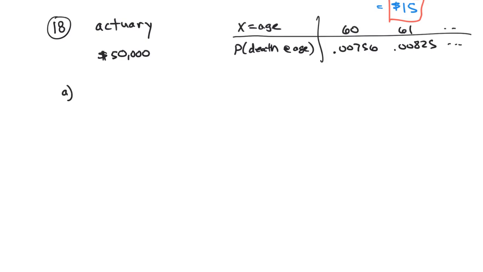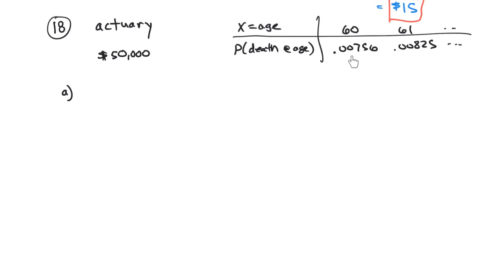So part A says, what is the probability that Sarah will die in her 60th year? And that's right here. This right here is the probability that she'll die in her 60th year. So 0.00756, which means it's not likely, right? It says she's in reasonably good health, so low probability that she'll die this year, but there is a chance, right? 0.00756.